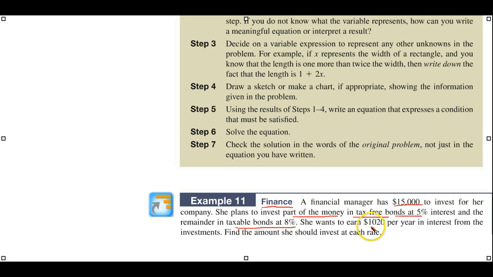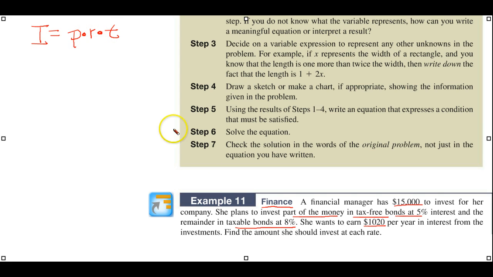And she wants to earn this much per year in interest from the investments. So, starting us off, and this is all on the next page, but I'll give it my shot here. Interest equals principal times the rate times the time, or interest equals PRT.